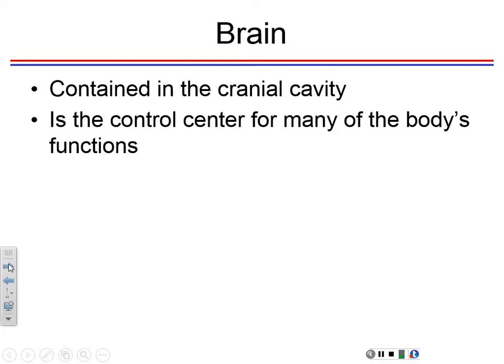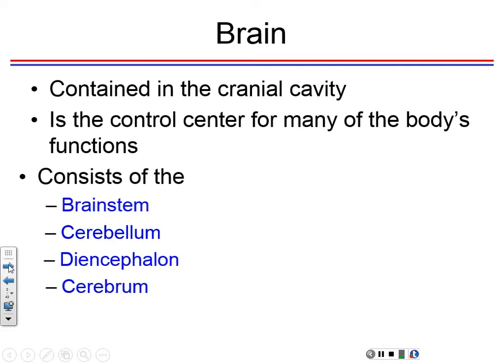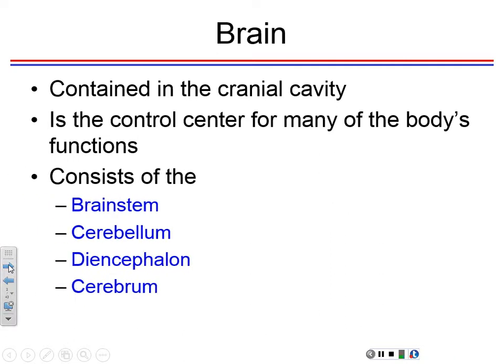That's what we called, when we talked about the homeostatic mechanisms, the control center, because it's got the set points or the values for each of the activities in the body. So it's the major control center, right? It's got 4 major parts, and then we'll try to break down those 4 major parts into smaller structures and talk about their functions.